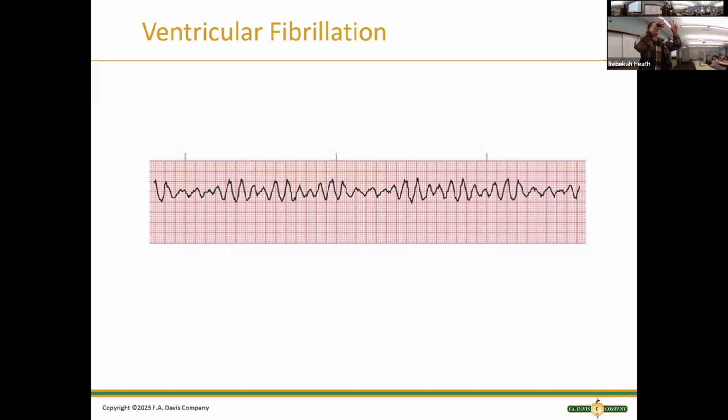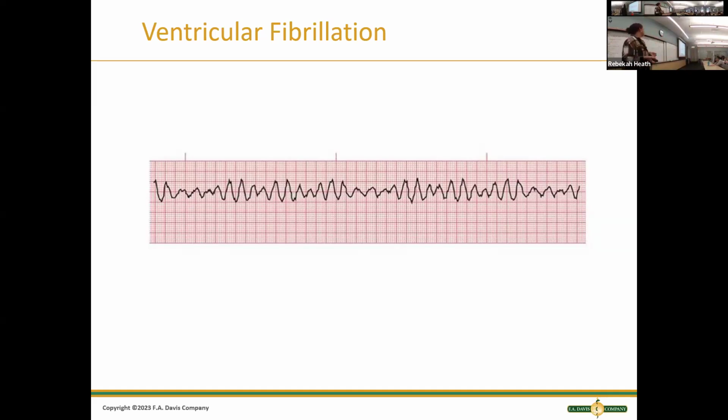That's when the atria are fibrillating or kind of mushing around. This is when the ventricles are starting to mush around. It's not an effective heartbeat. We can't really measure how fast it's going because the complexes aren't definitive enough.